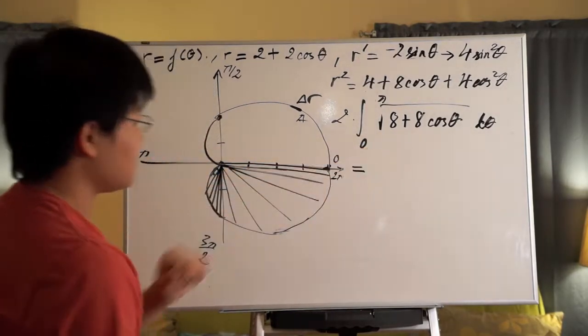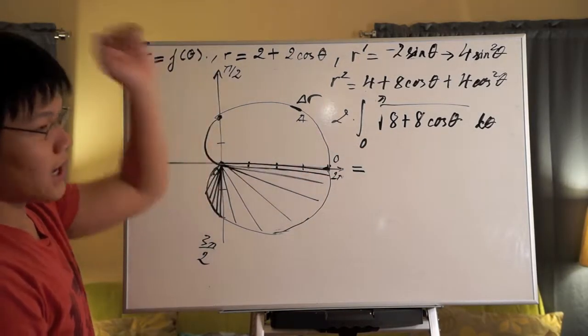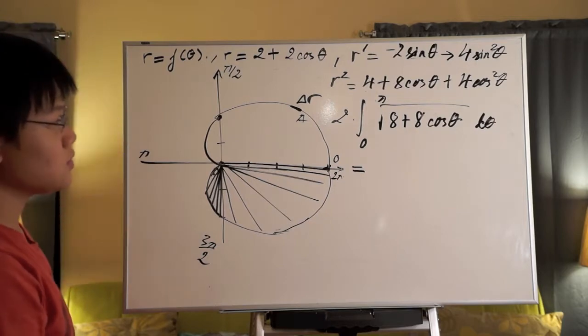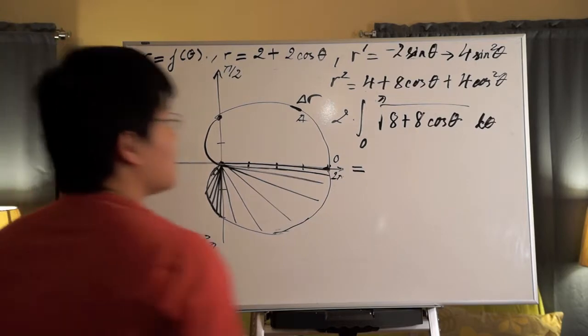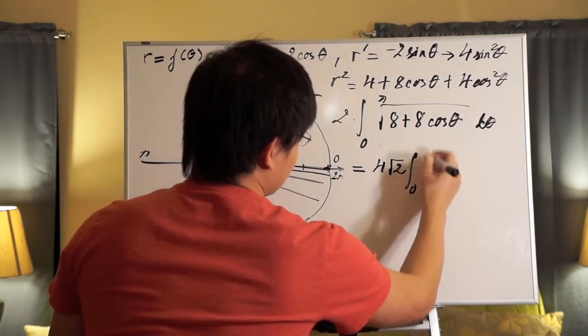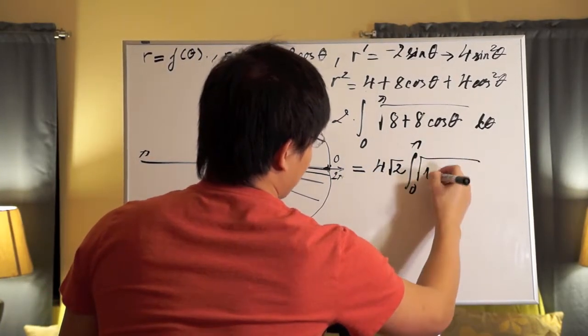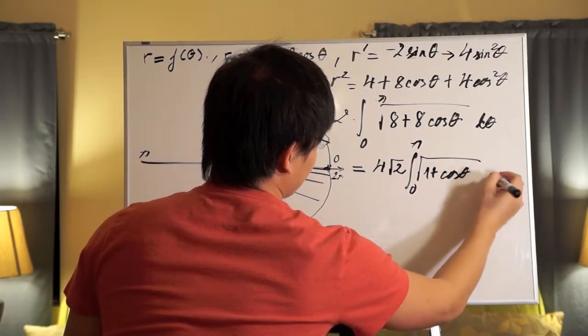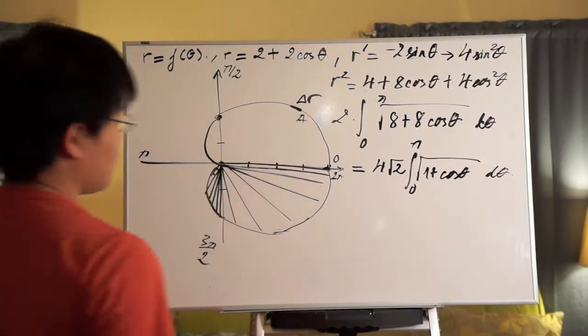Then we can go ahead and pull an 8 out. The square root of 8 is 2 square root of 2. So 2 times 2, that's 4 square root of 2, integral from 0 to pi of the square root of 1 plus cosine theta d theta. Alright.